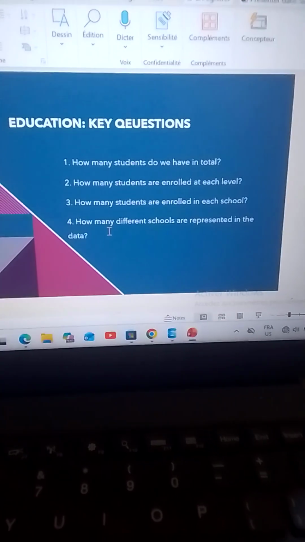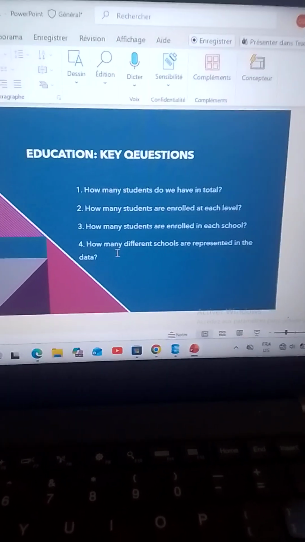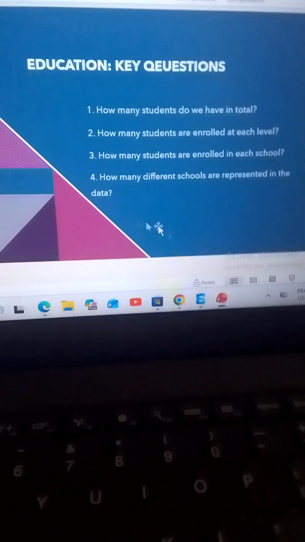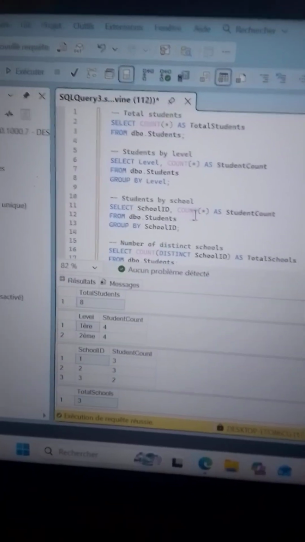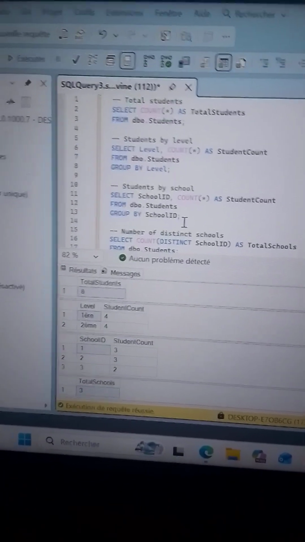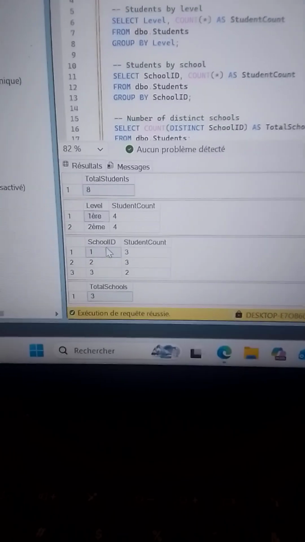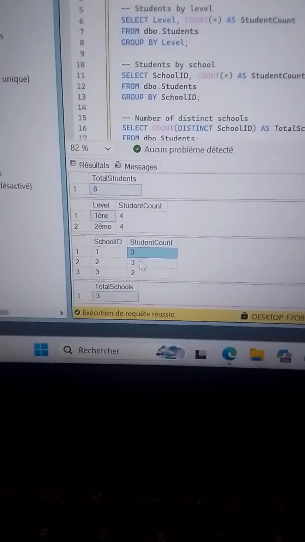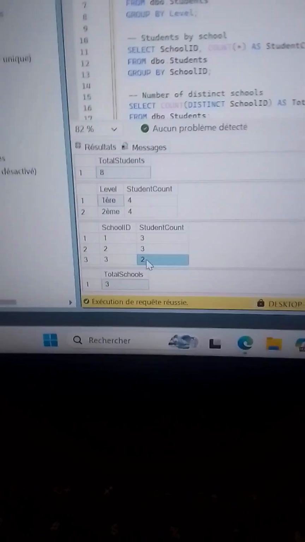My third question, how many students are enrolled in each school? And my answer, select school, student from DB student and school: 3, 2.